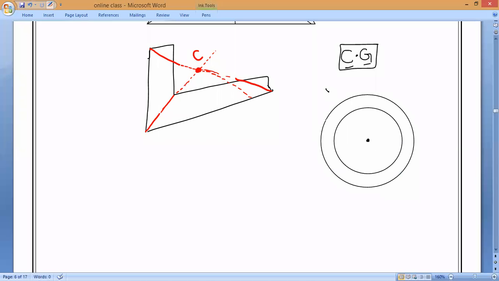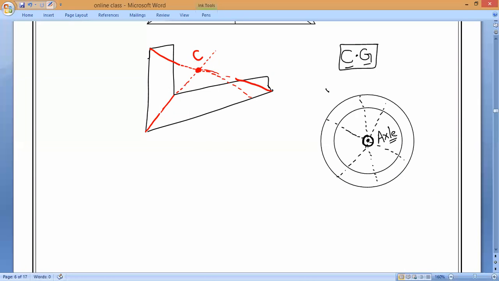It will be inside, because if I extend the lines from any point, all will meet at a particular imaginary point. That is what we call the axle. For cycle tires and all, the middle has something, and that is what we call the axle, A-X-L-E.